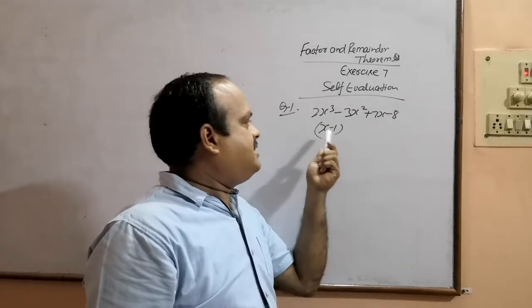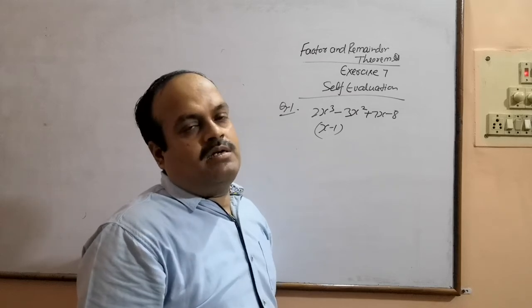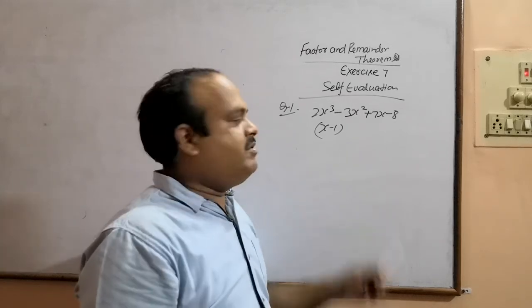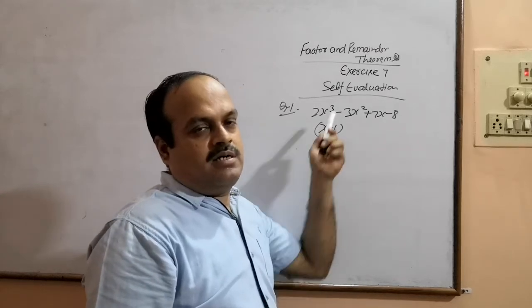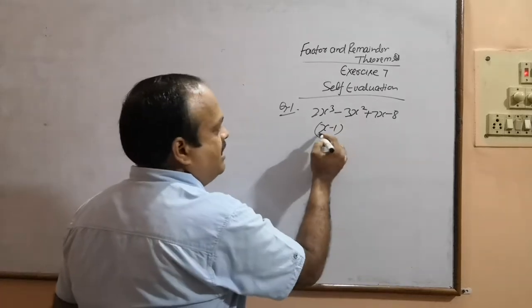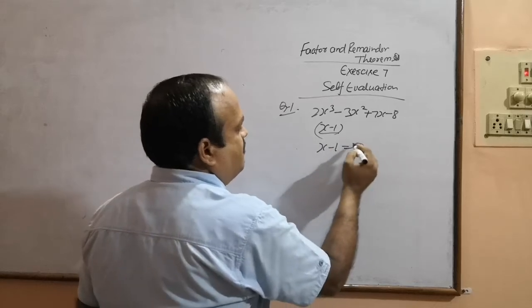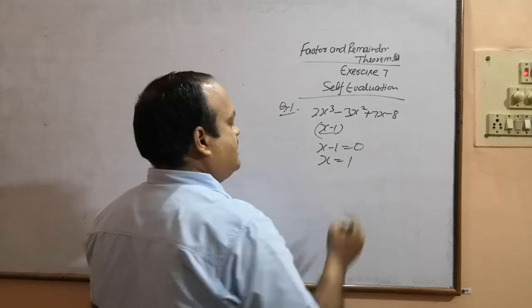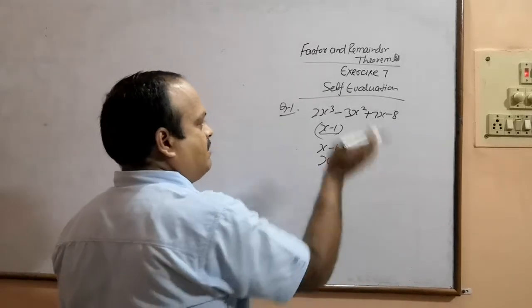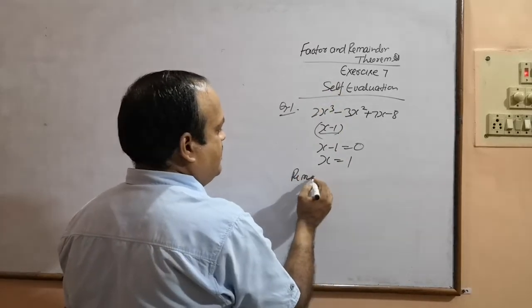When this polynomial is divided by x minus 1, we need to get the remainder. To get the remainder, we will put the value of x that we get from this in this. How do we get the value of x? First we will make this equal to 0, then the value of x will come. This value of x, when we put here, we will write remainder.